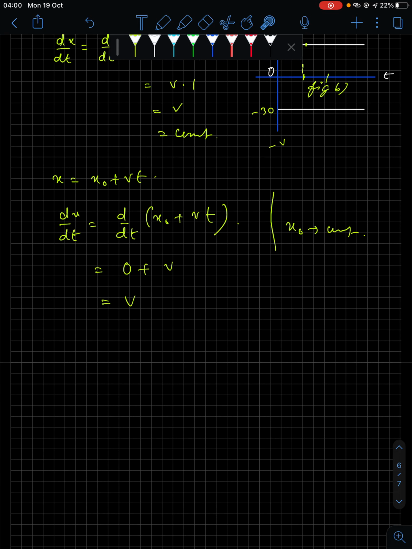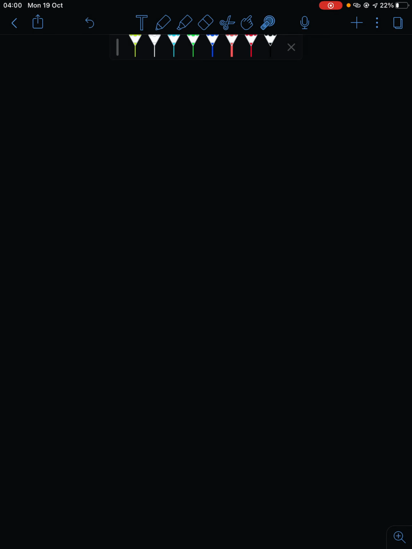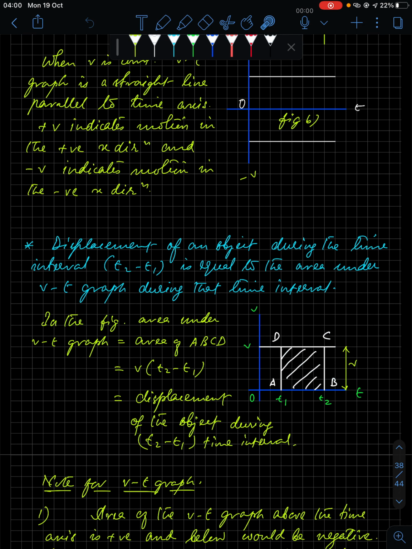Now, displacement of an object during the time, you go through this statement. Displacement of an object during the time interval t2 minus t1 is always equal to the area under the vt graph. Now this is a velocity time graph, showing constant velocity.